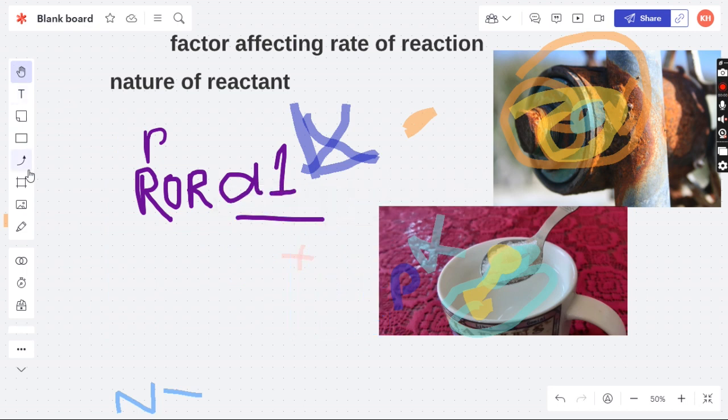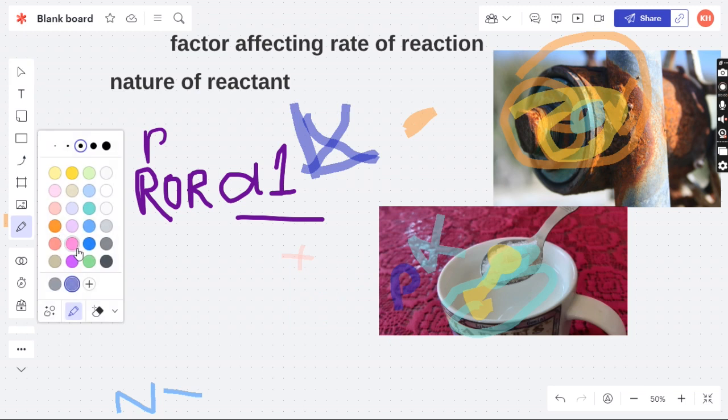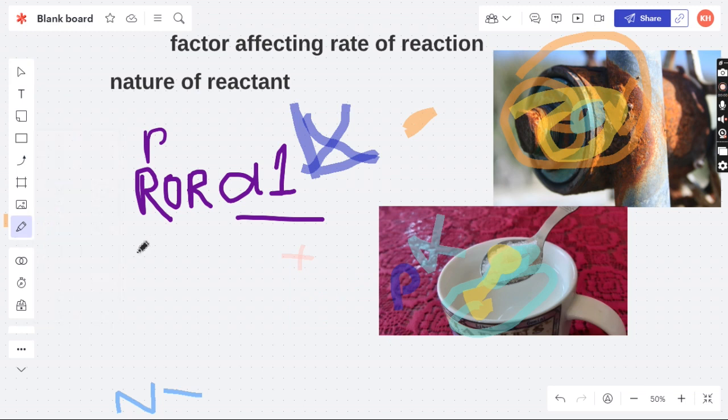For example, we have a reaction of acetic acid, that's vinegar, which we all know is present in our kitchen, used for cooking in different foods just to add a sour taste. CH3COOH. Actually, CH3 is a bulky molecule.